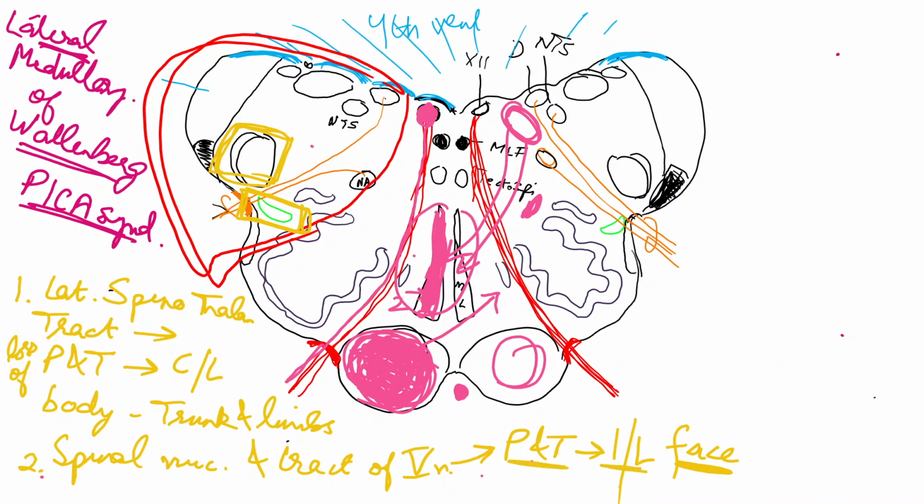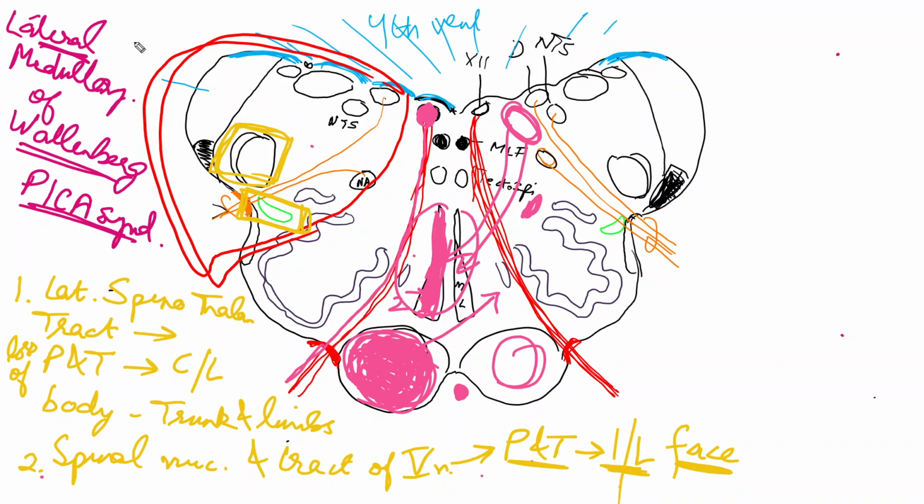So, in lateral medullary syndrome, because of involvement of the spinothalamic tract, there will be loss of pain and temperature sensations from the contralateral half of body, that is the trunk and the limbs. But because of involvement of the spinal nucleus and tract of trigeminal nerve, there will be loss of pain and temperature sensations from the ipsilateral half of face.